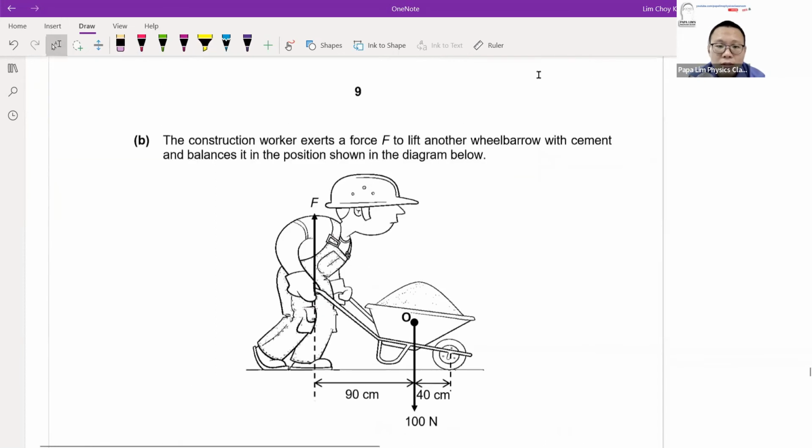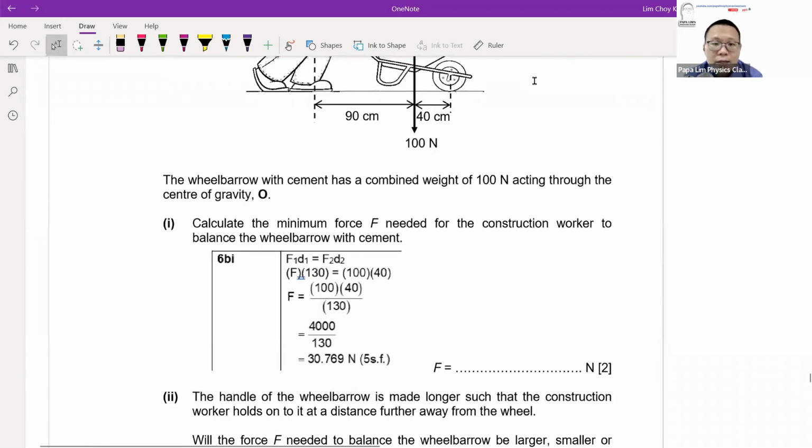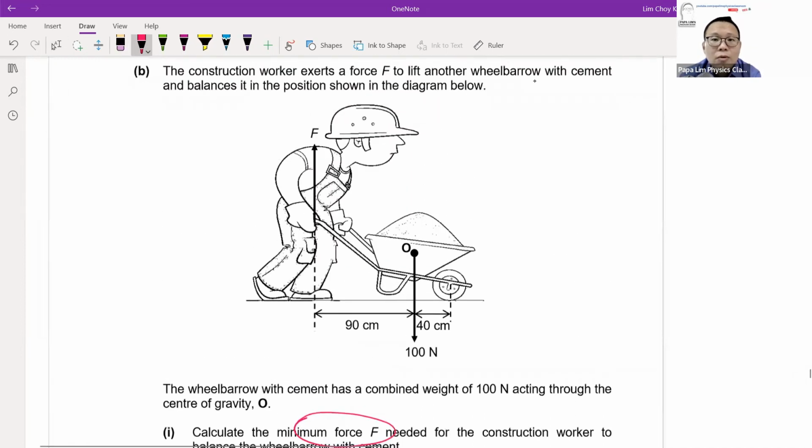Based on the question, the wheelbarrow is being lifted up in this manner. After that, calculate the minimum force that's needed for the construction. Now, you have to lift the wheelbarrow up, in the sense that the pivot is at the wheel, the front wheel, or the only wheel. If you look at the weight, 100 Newton, with respect to the pivot at A, 100 Newton will apply an anti-clockwise moment.